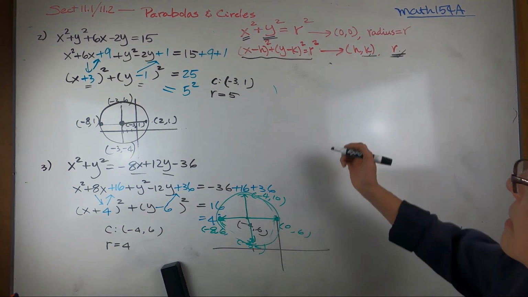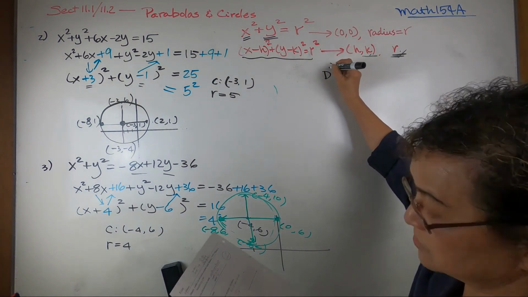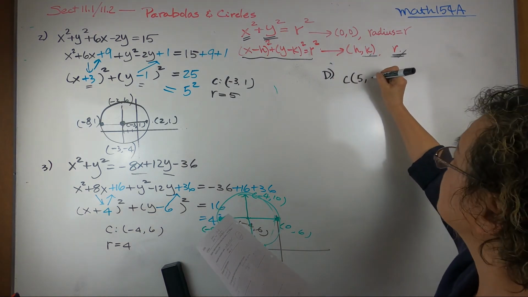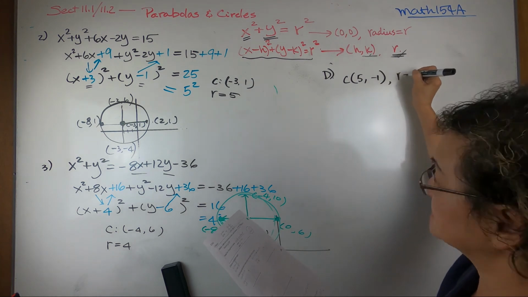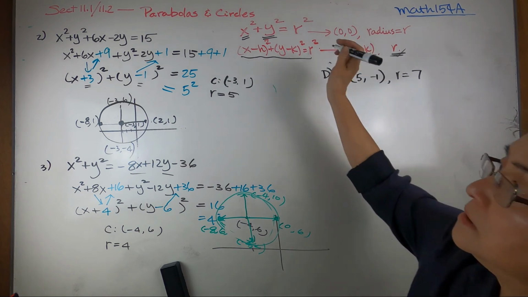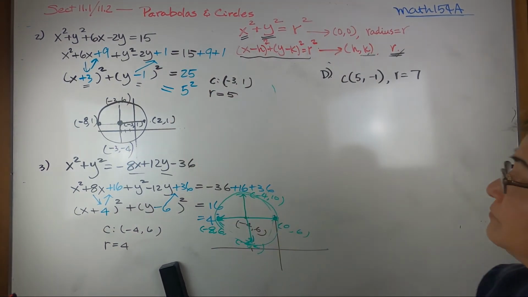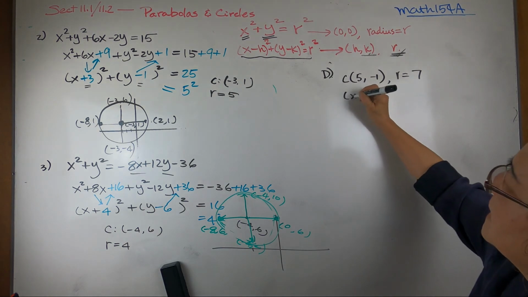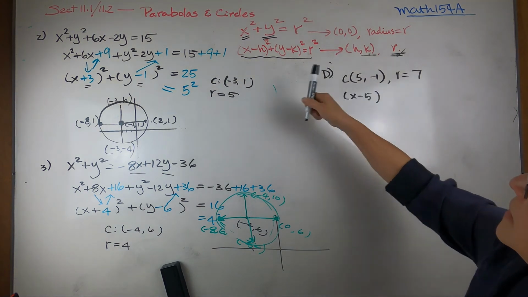Okay, then let's take a look at this one. If we say center C is here, then radius is 7. How are you going to write the equation? Okay, we just plug in here. That's all we have to do, right? x minus 5, opposite.